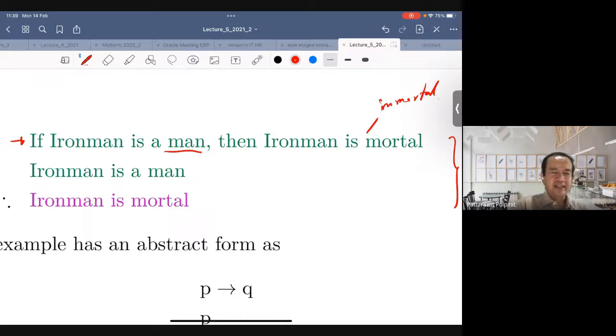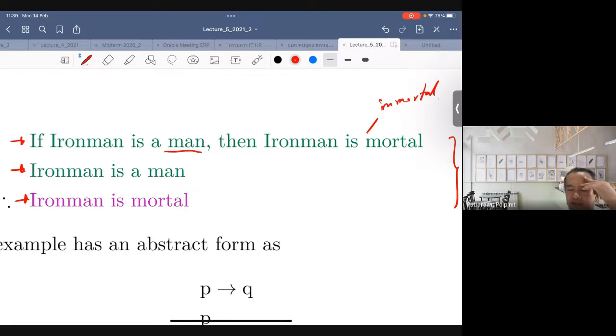The second premise is: Iron Man is a man. Now the conclusion is: Iron Man is mortal. This is our argument.